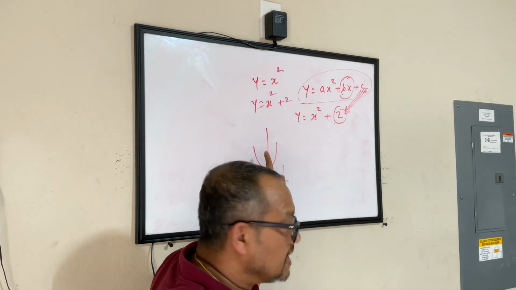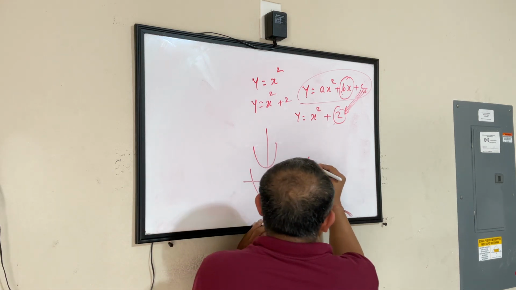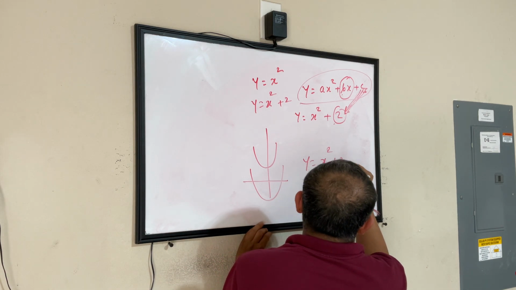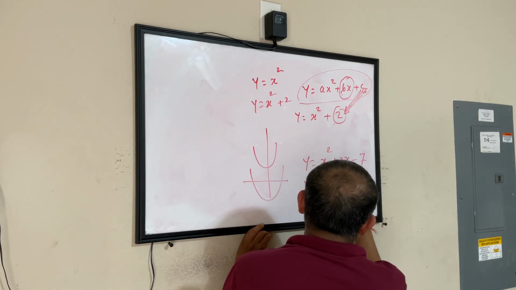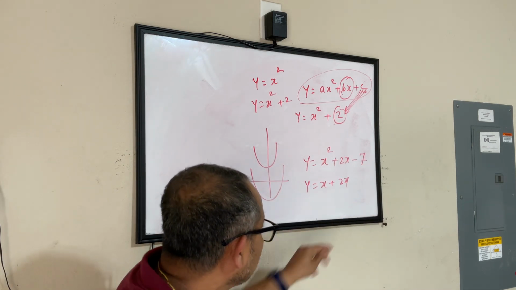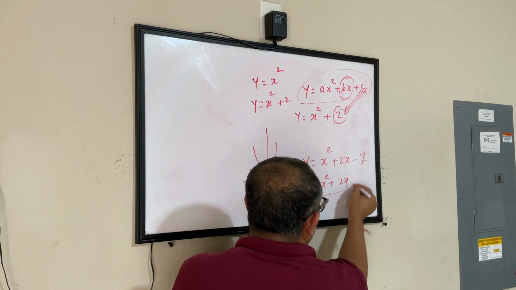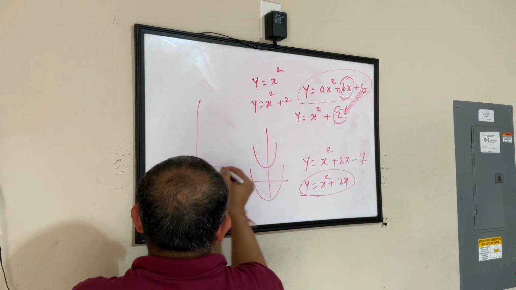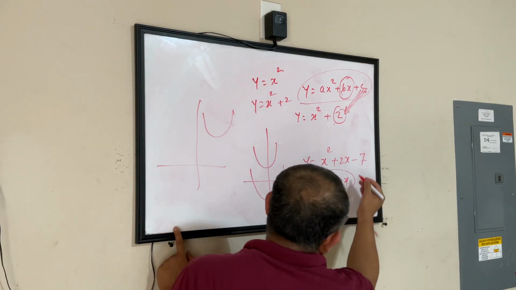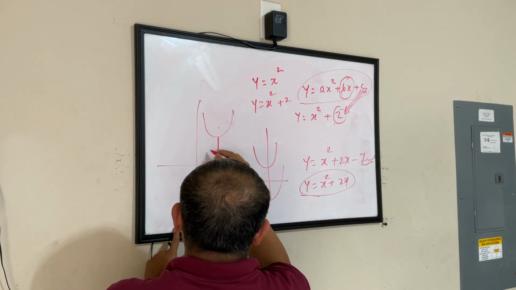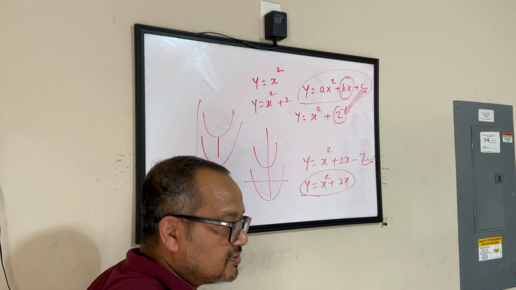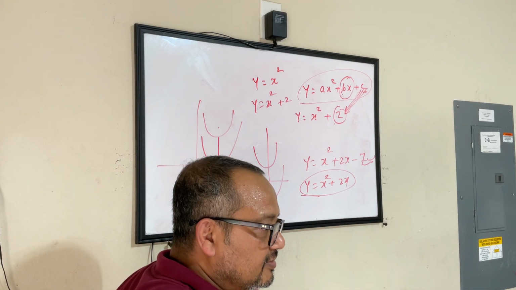If I have an equation like y equal to x squared plus 2x minus 7 versus y equal to x squared plus 2x, then this will be the same parabola shifted by 7 points down.